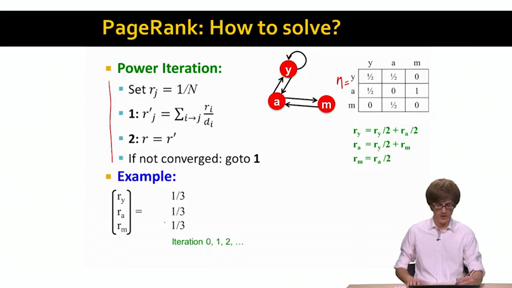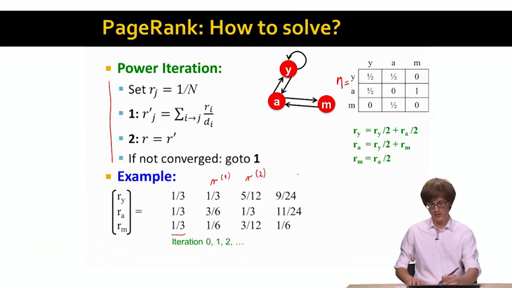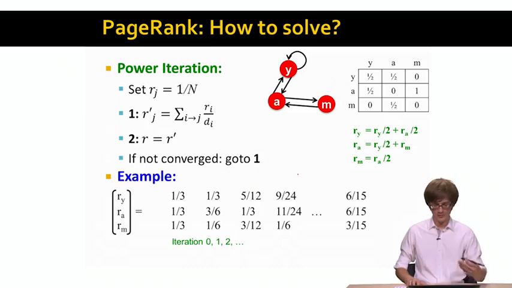We start with r_0, where the components are 1/3, 1/3, 1/3. We multiply it with M, and in the next time step, r_1, we get the new vector. Then we compute r at time 1 times M, and we obtain r at time 2. Then again we multiply that with M and get r at time 3. And we would keep doing this.